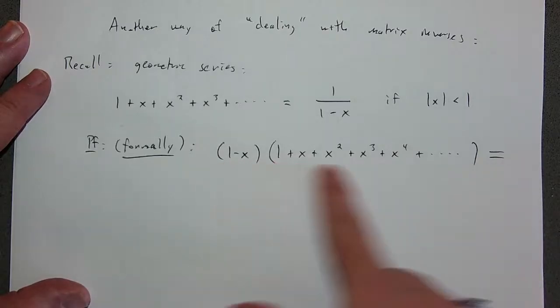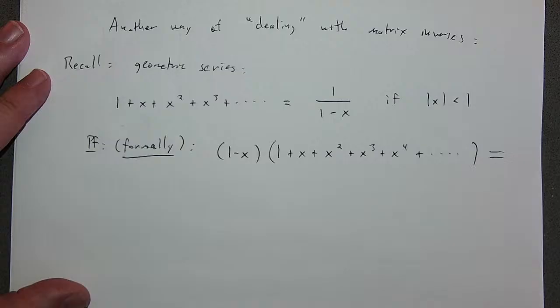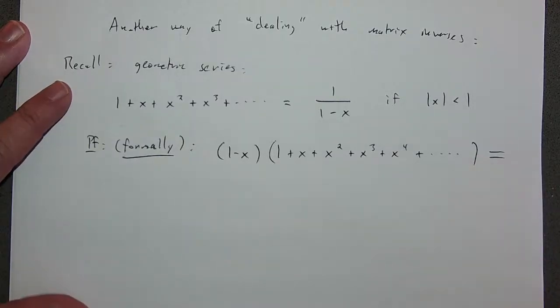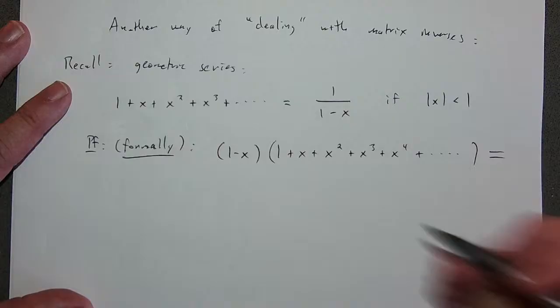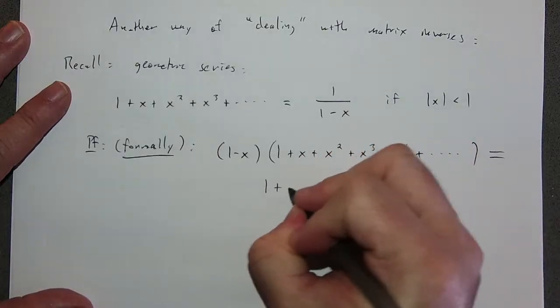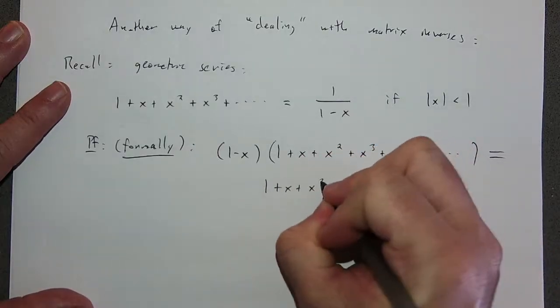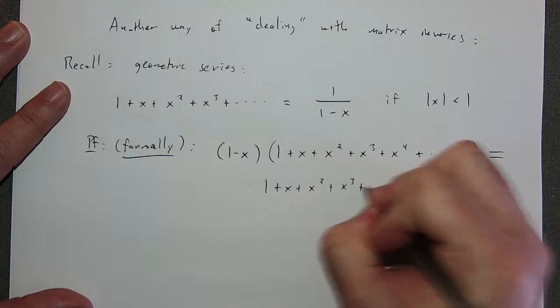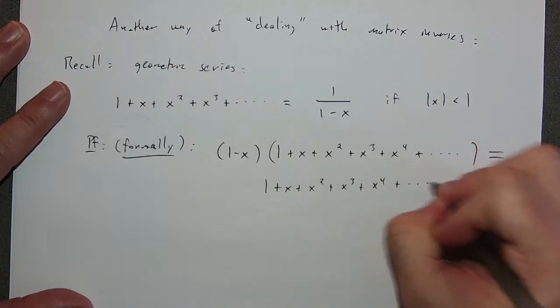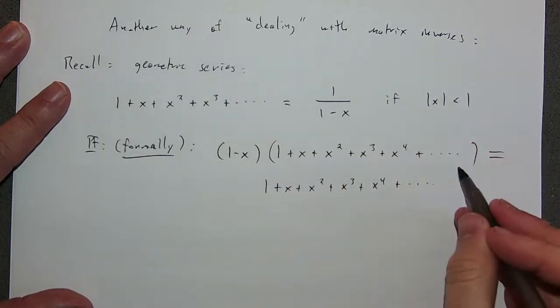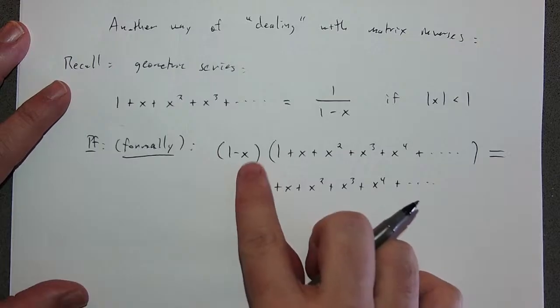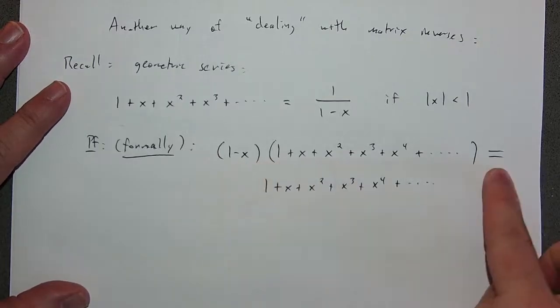There's 1 times this whole thing, and then I add to that minus x times this whole thing. So 1 times this whole thing, I know what that looks like. That's 1 plus x plus x squared plus x cubed plus x to the 4th and so on.